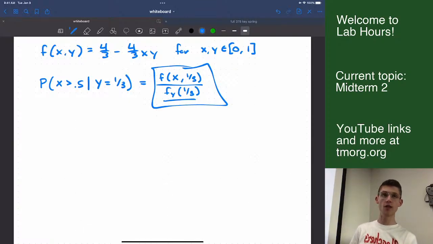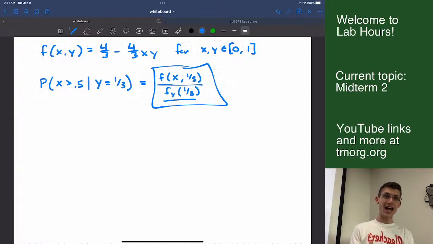And then when I plug in 1/3, every y will be gone, so I will be just left with a number. And then on the top, I'm using this function 4/3 minus 4/3 xy, but I'm going to plug in 1/3 for y. So I will be left with just a function of x and some other numbers.